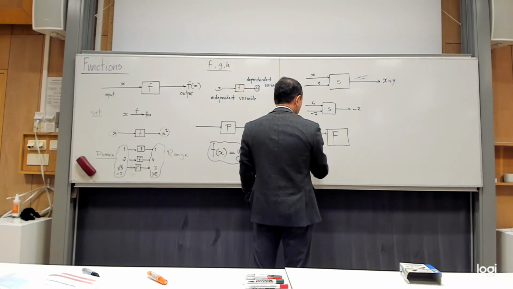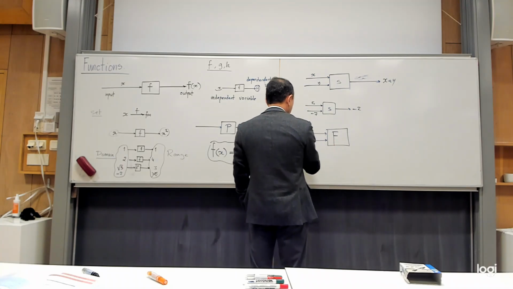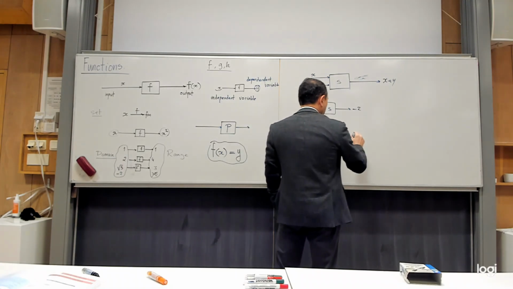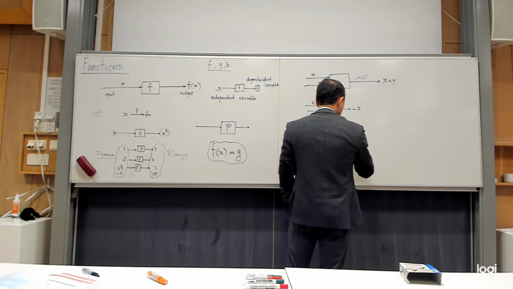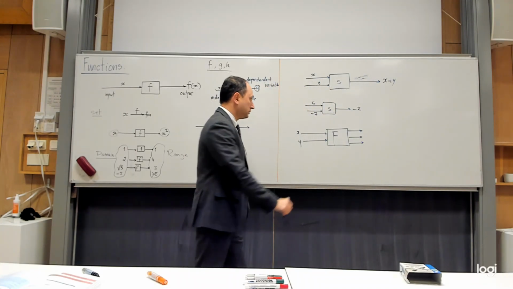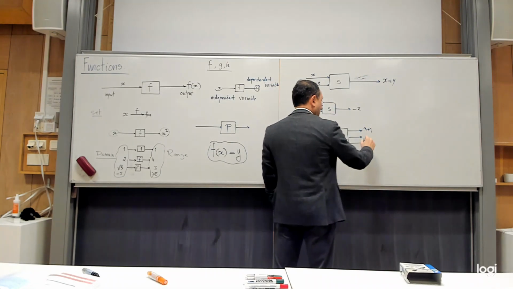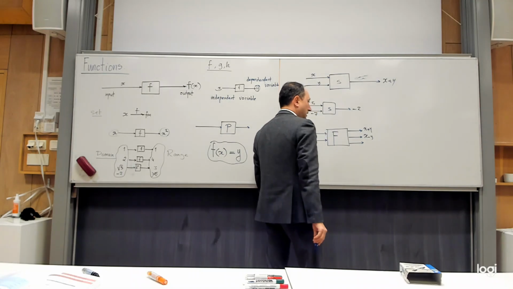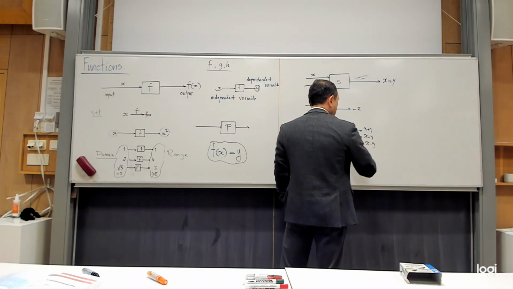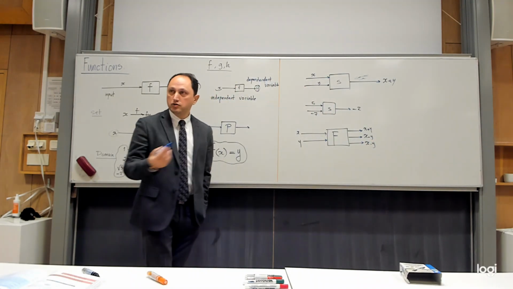I send two inputs in, x and y, but then I am interested in three outputs. Yes? For example, the first one is x plus y, the second one is x minus y, and the third one is x dot y. So that's also a function.